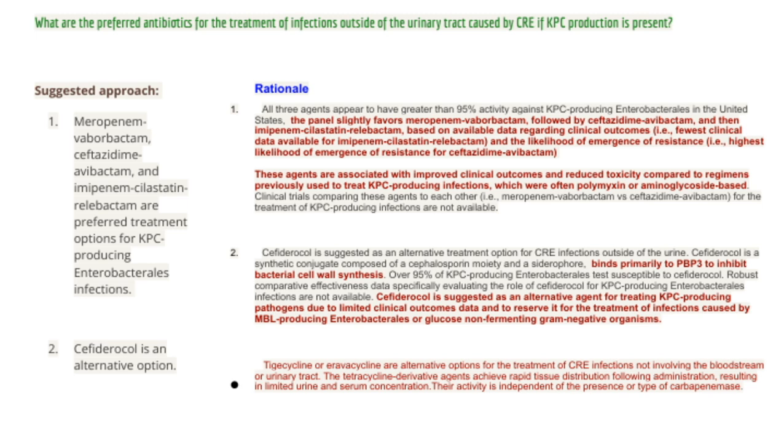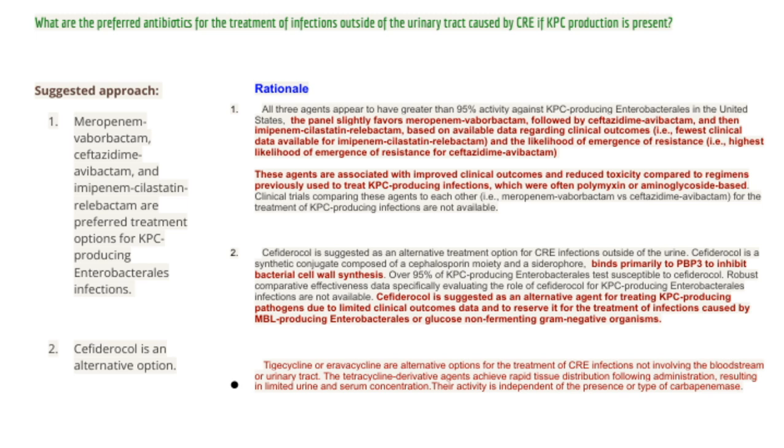Over 95% of KPC-producing Enterobacterales are susceptible to cefiderocol, making it a promising alternative, especially outside of urinary tract infections. However, we lack robust comparative effectiveness data specifically for KPC producers, so its use is more reserved. We suggest reserving cefiderocol for infections caused by MBL-producing Enterobacterales or glucose non-fermenting gram-negative organisms, given its unique mechanism.